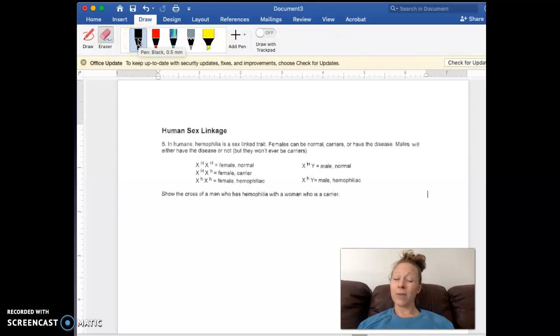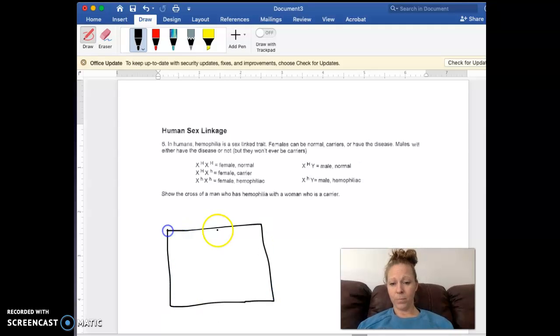Remember, if you're on a PDF, you have to open with Adobe and click Comments. So I'm going to draw my Punnett square. And so here are the different versions that we can carry this trait.